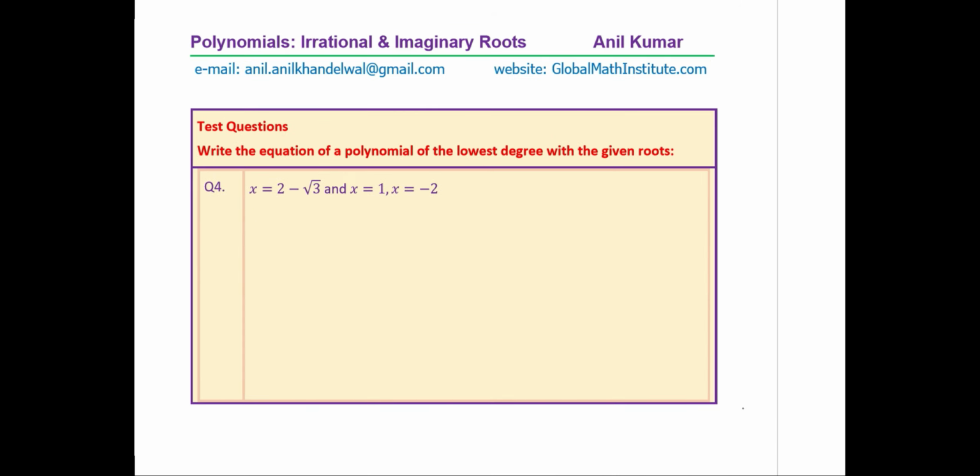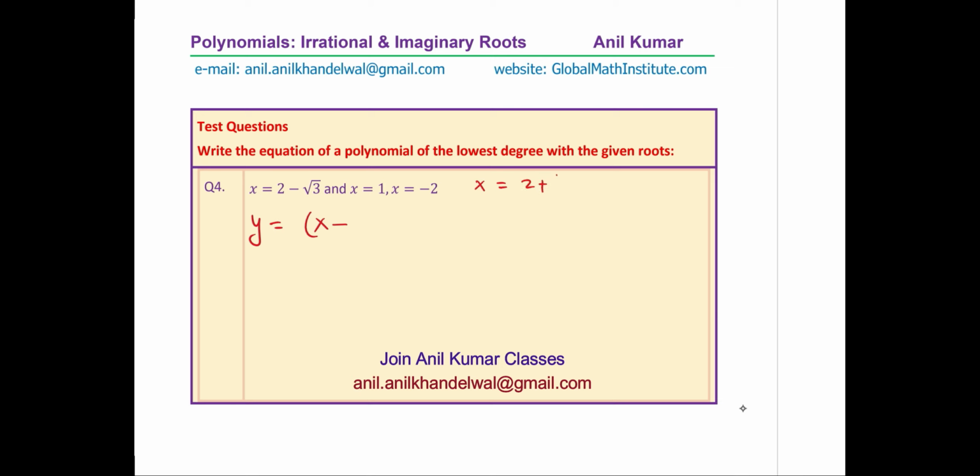So now let's take question number 4, which is kind of complex. Since I made this root as 2 minus square root 3, you get the idea. Now, if that is the root, then you can write the function. We can write y equals x minus... now imagine, this is minus, means another root x equals 2 plus square root 3 also exists, right?